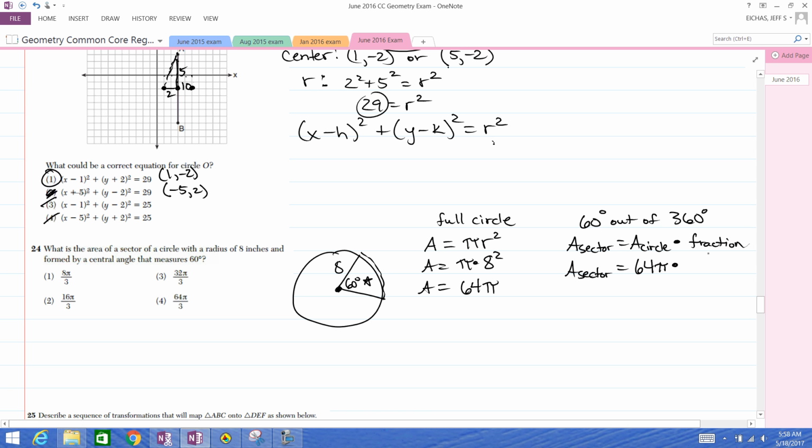If you let your calculator do that, great. Or it's really just 1/6. So we've got 64 over 6 pi, and that reduces to 32 over 3, which is 32 pi over 3, right there.